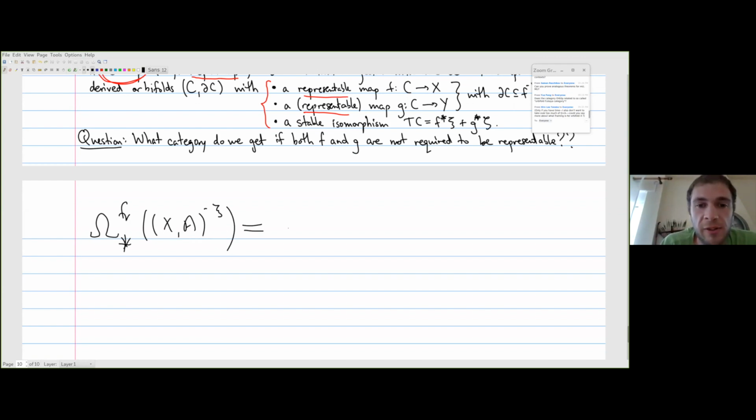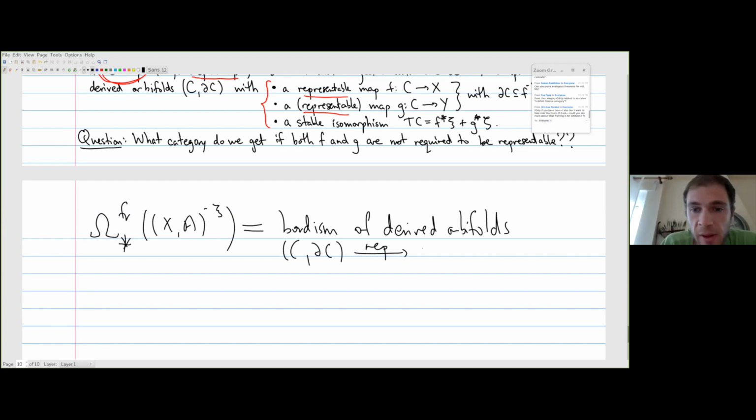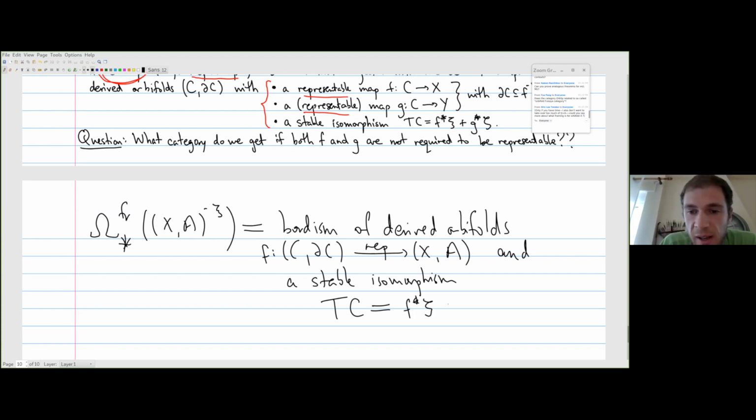So this is bordism of derived orbifolds, with a representable map to X comma A, and a stable isomorphism TC should be equal to F upper star C plus R to the D, and D is the grading here.